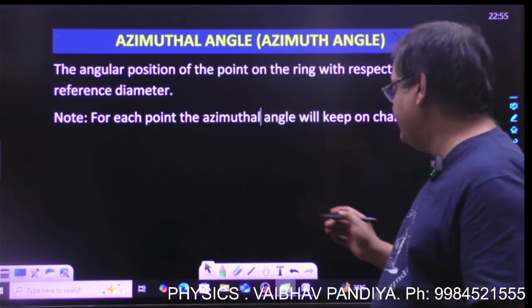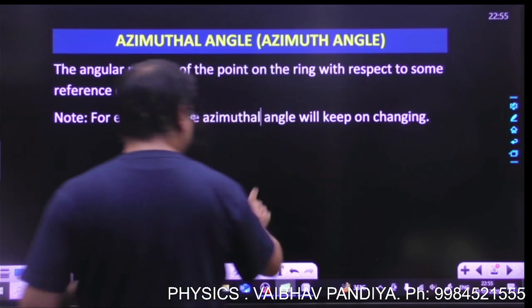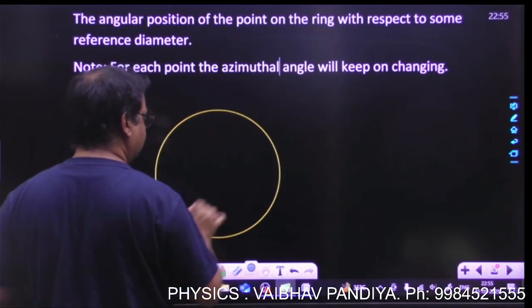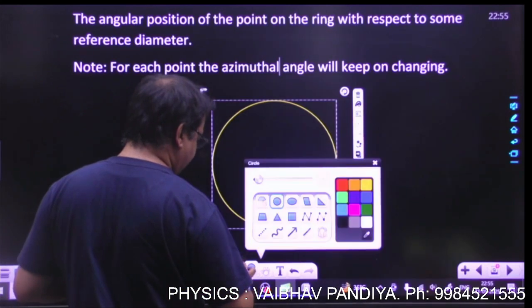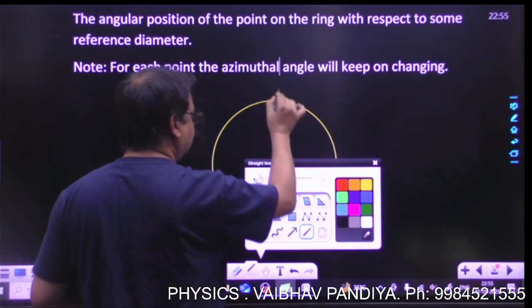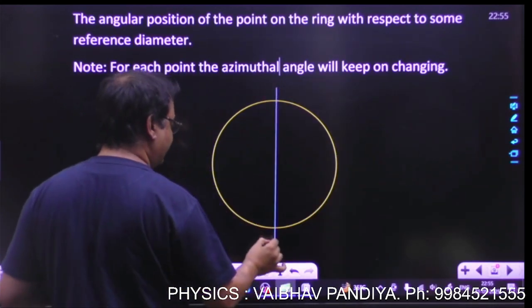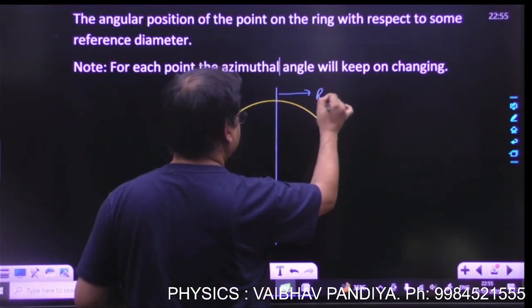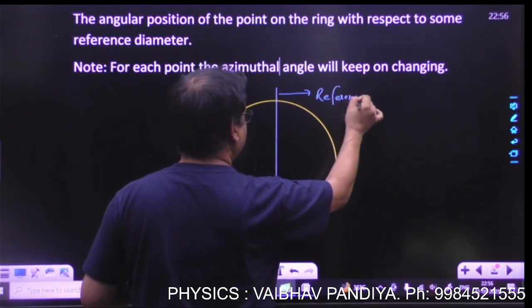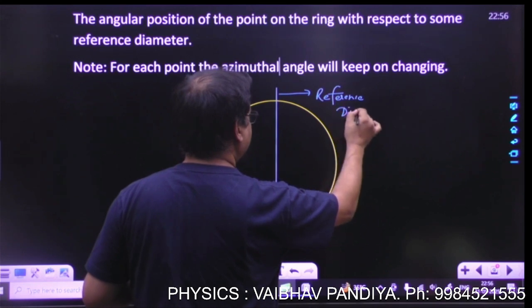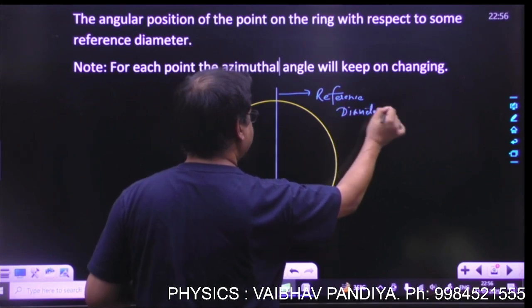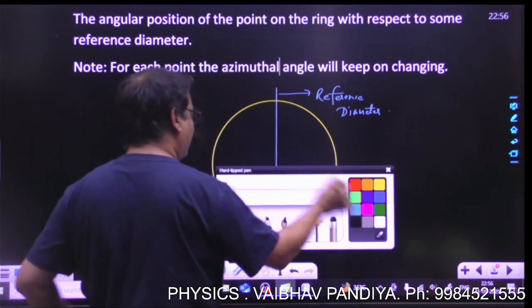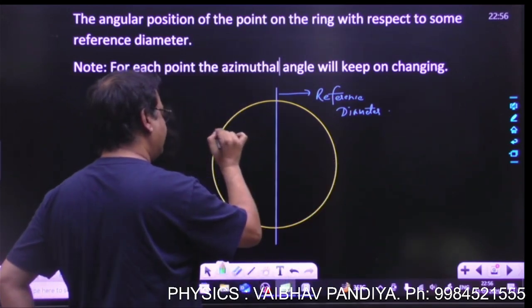Whenever you have a ring, say we have a ring like this, and we are making a reference diameter, something like this. This is the reference line, the reference diameter, and there is a point P on the circumference of the ring.